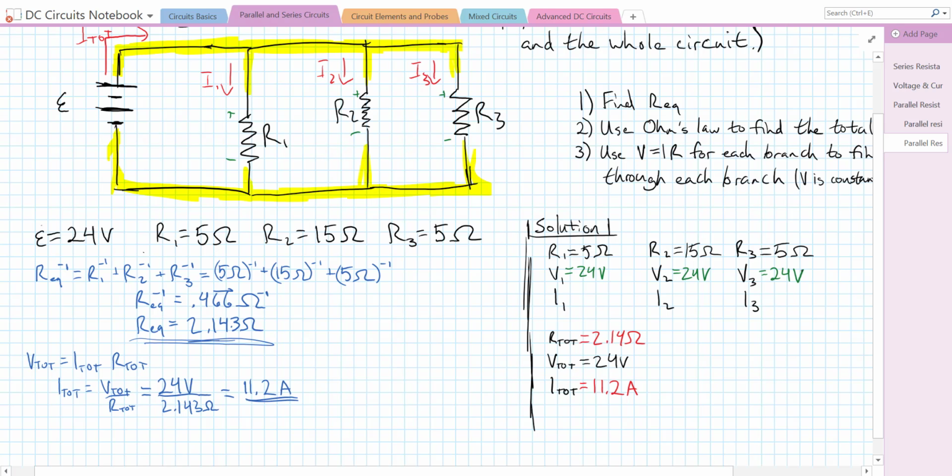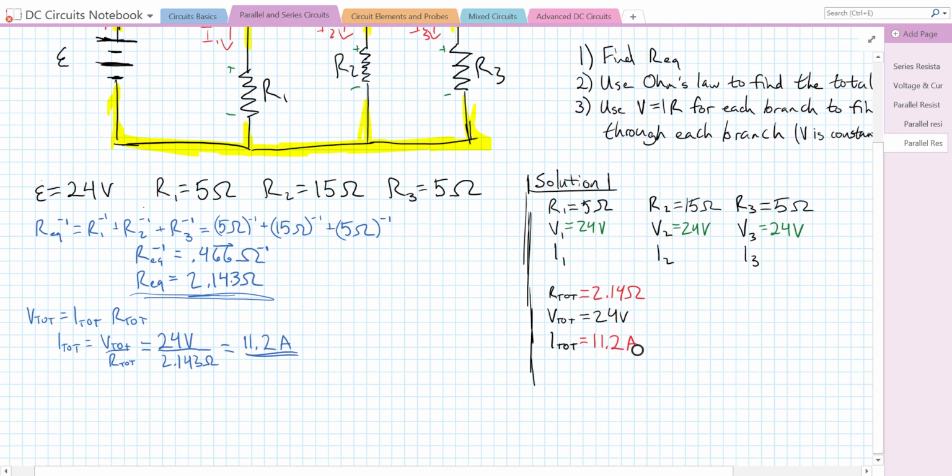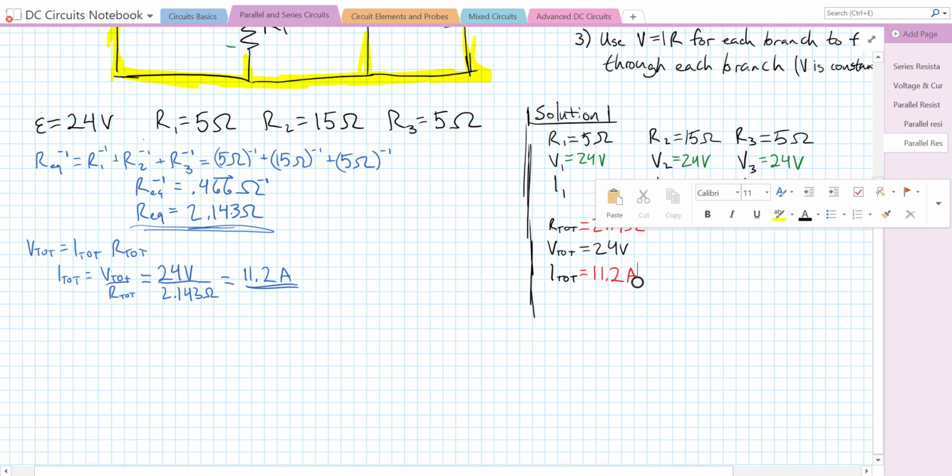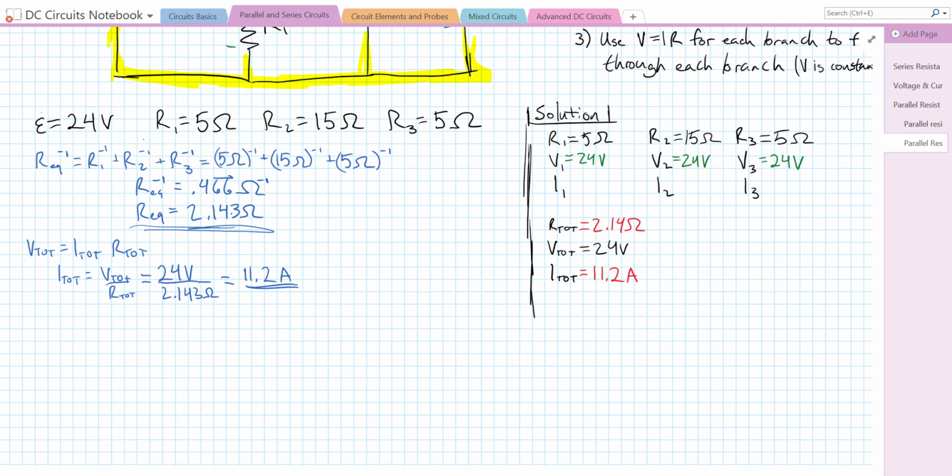Well, we're almost done. Now all we have to do is use Ohm's law for each individual resistor to figure out the current running through each branch. So let's check that out. I'm going to use green for this one. So if we're looking at R1, then we know V1 equals I1 R1.